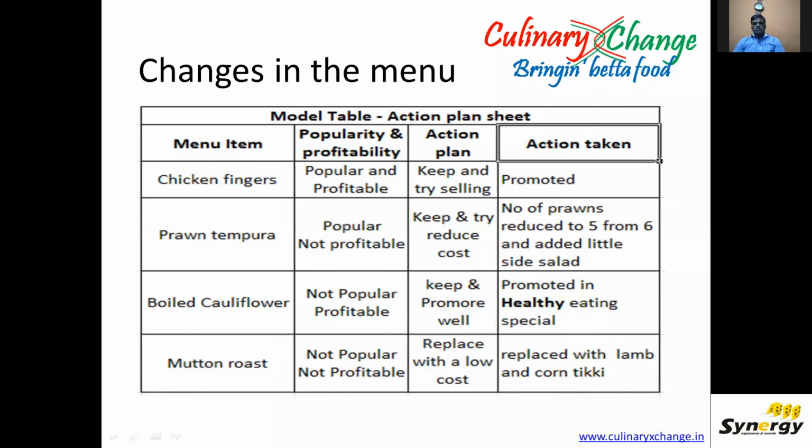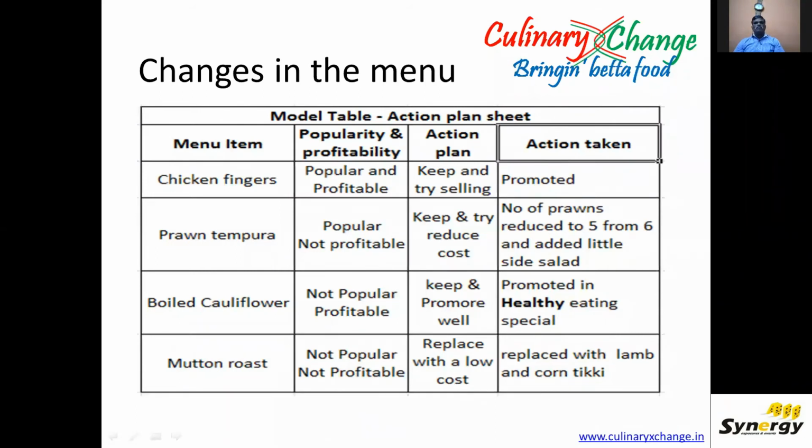As an example of action taken, they normally give 6 prawns in a prawn tempura portion. Now they reduce it to 5 so that they save around 10-15% on the cost of the prawn. To make sure the plate looks full, they add a small quantity of inexpensive salad to the plate.